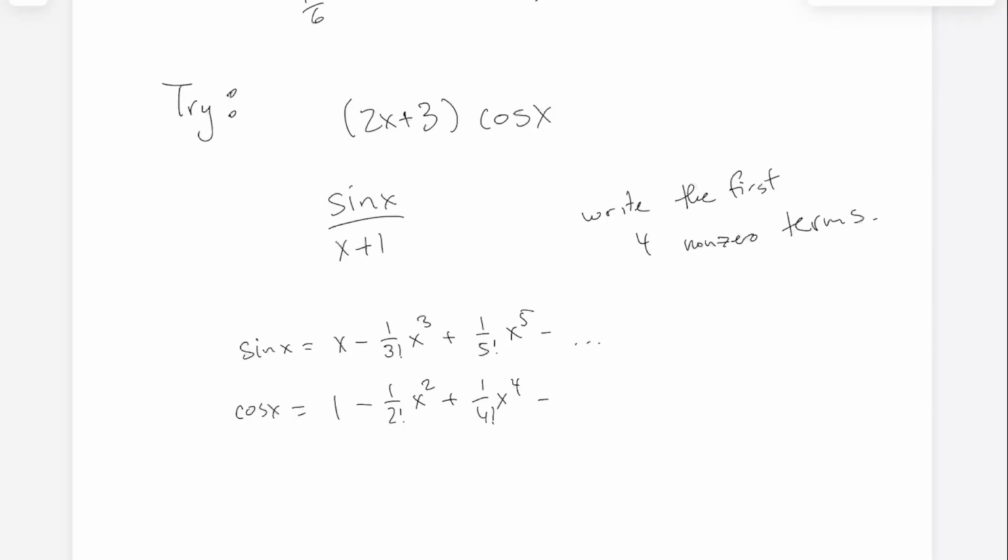Sine is the odd powers, cosine is the even powers. The first 3 or first 4? I said first 4, which is degree up to 3. Oh, okay. Because there's a constant and then. Okay. Right.